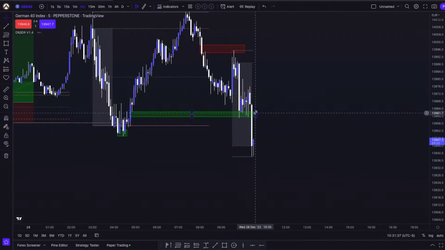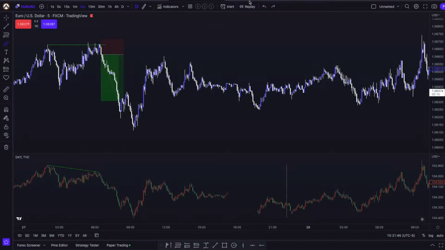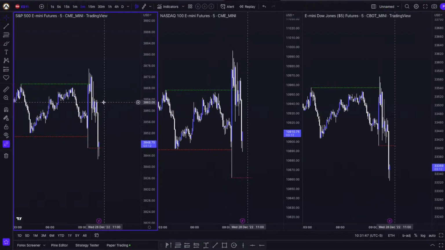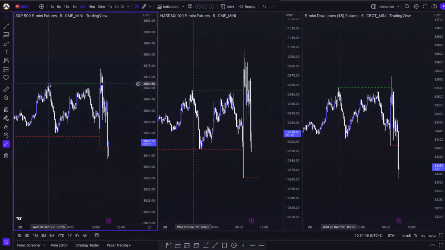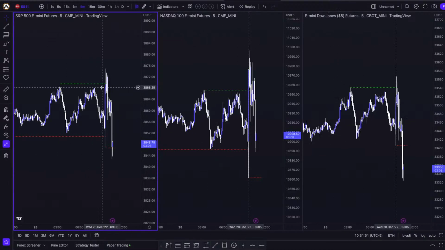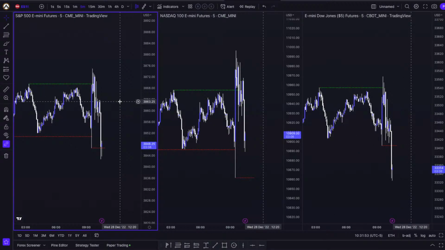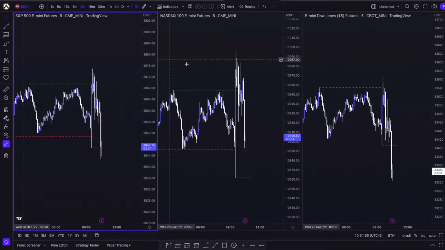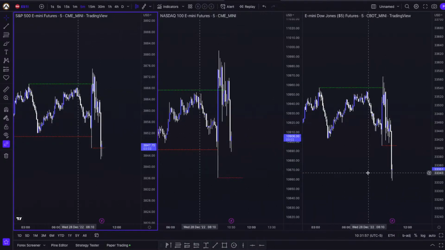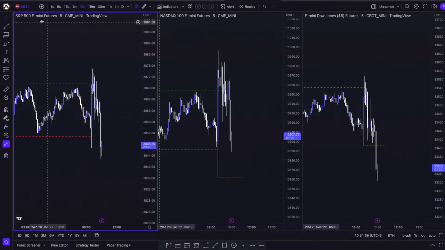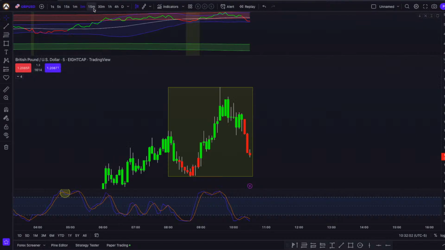Left behind fair value gaps, for example, this fair value gap that has been filled in again for the continuation move to the downside. But overall, this takeout of our current high of the day here on the S&P 500 was a very nice entry. Overall, I wish I would have taken it live, but it's fair enough.